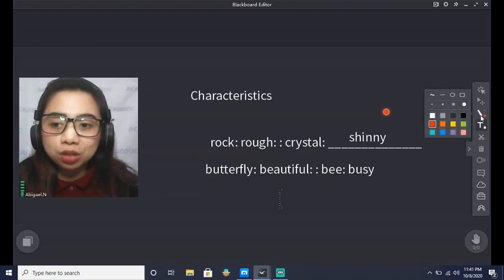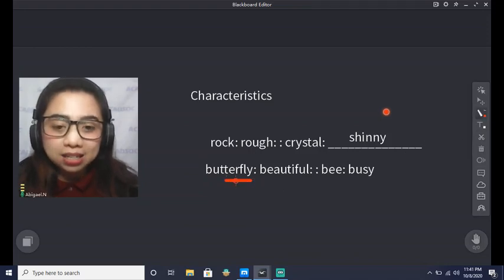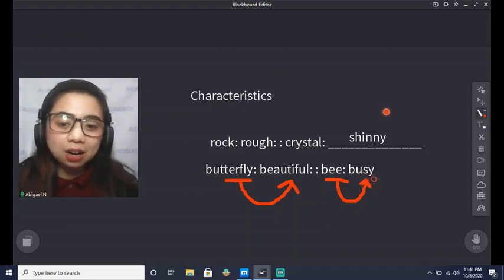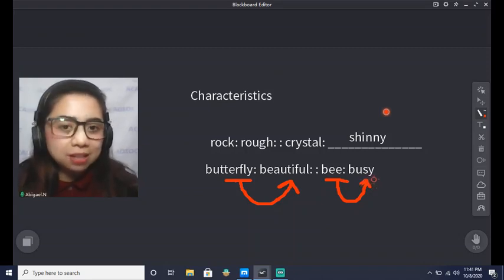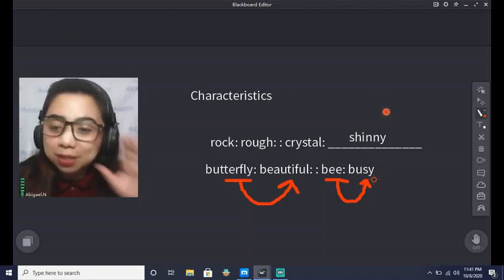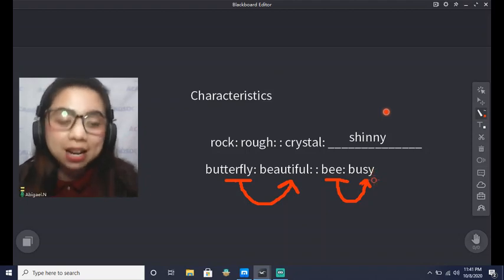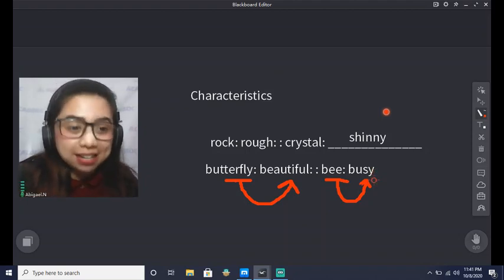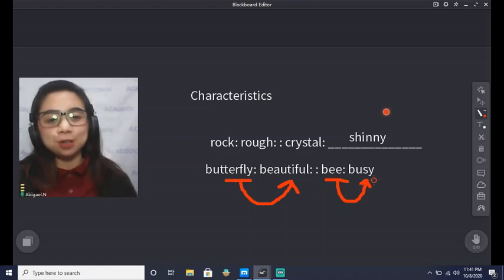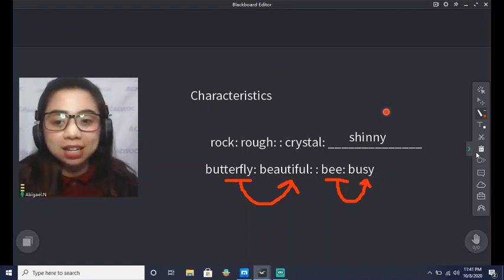Butterfly and bee are insects. The butterfly's characteristic is beautiful. On the other hand, the bee's characteristic is busy. Why is the bee always busy, class? What did you say? Yes, of course, because the bee always makes honey. So this is a characteristic analogy.